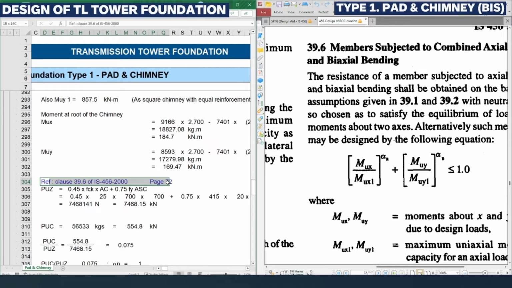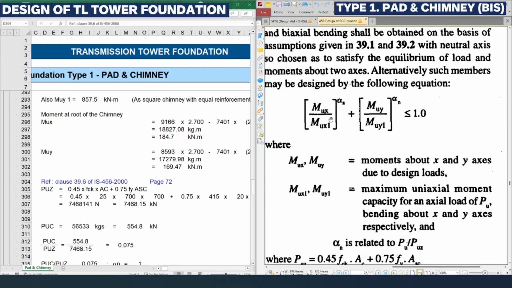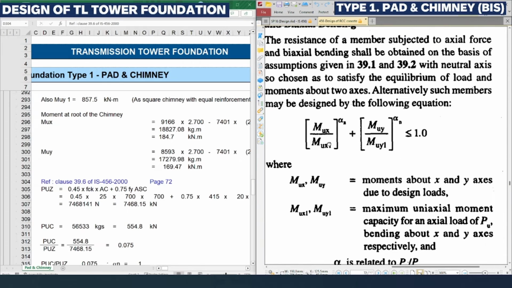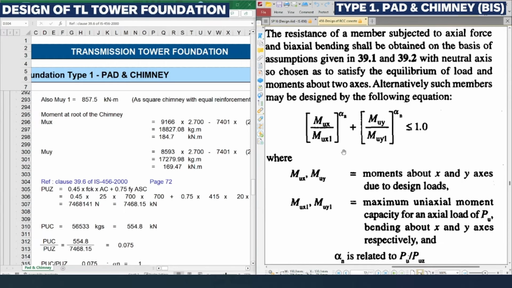On page number 72, which we are referring to in the right hand side PDF file, you can see this equation we need to follow to check combined axial load and biaxial bending. MUX divided by MUX1, whole power alpha n, plus MUY divided by MUY1, whole power alpha n, should be less than or equal to 1.